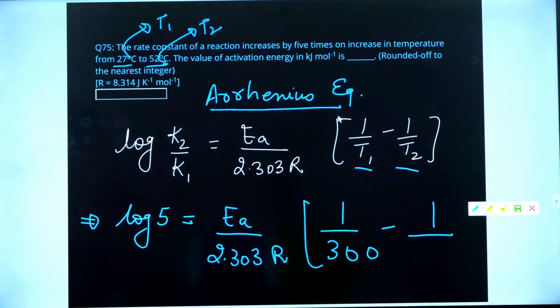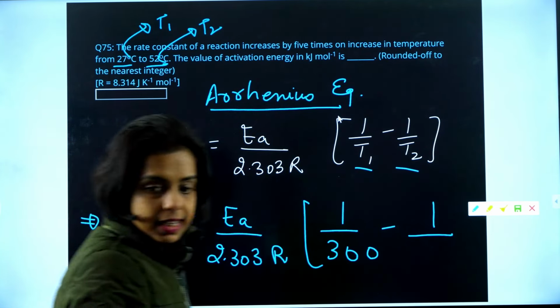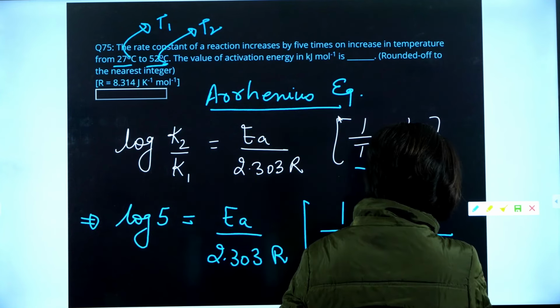The temperature is increased to 52 degrees Celsius. Again, you are supposed to convert it into Kelvin: 273 plus 52, that is 325. Yes, guys, this is what is expected.